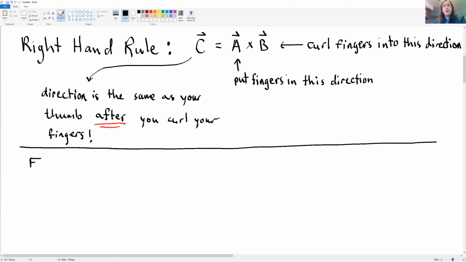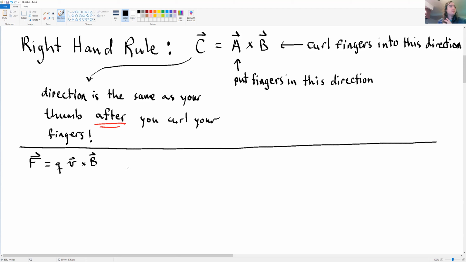In order to find the direction of the force, we have to recall the Lorentz force law here: F equals Q V cross B. And we can see that the vector V is the first vector in the cross product.